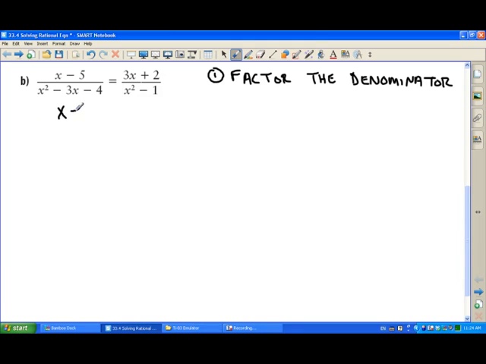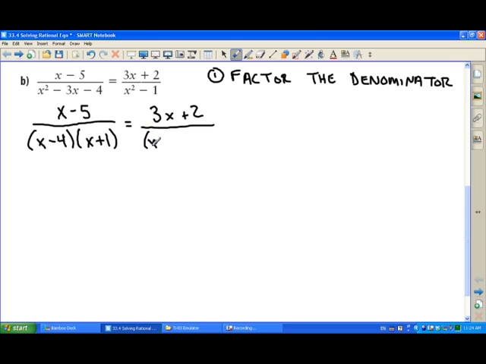So we end up with x minus 5 over two numbers that multiply to negative 4 and add to negative 3. I think that's x minus 4 and x plus 1. And that's equal to 3x plus 2 all over x plus 1 times x minus 1.